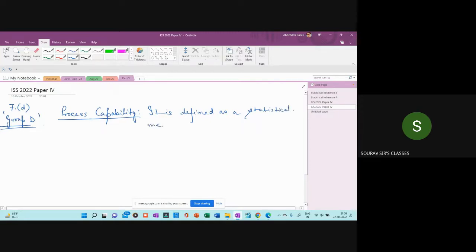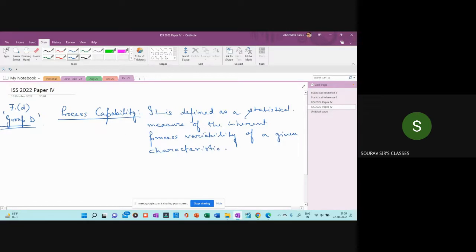statistical measure of the inherent process variability of a given characteristic.